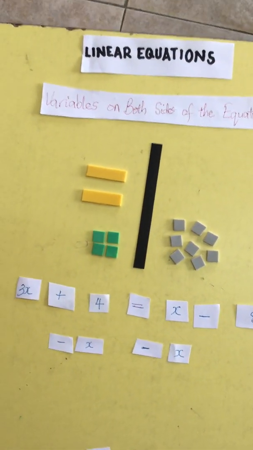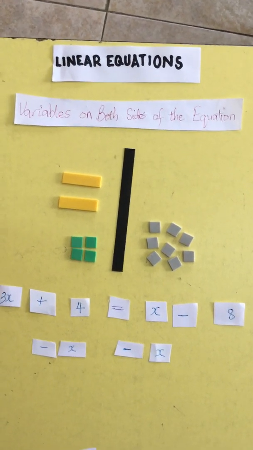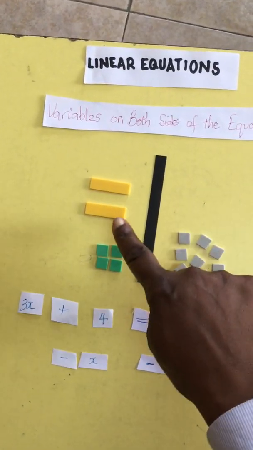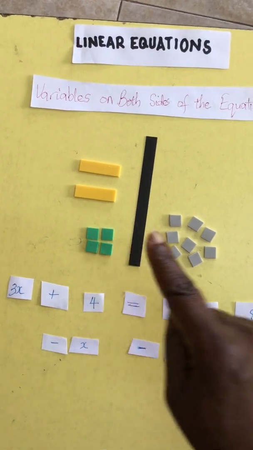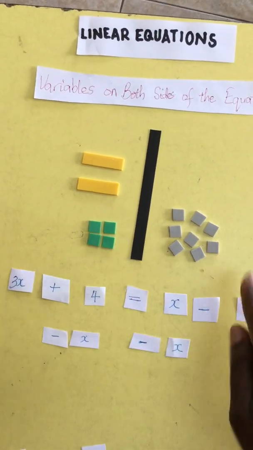So what do we have left? We see right away that we have 2x plus 4 equals minus 8.